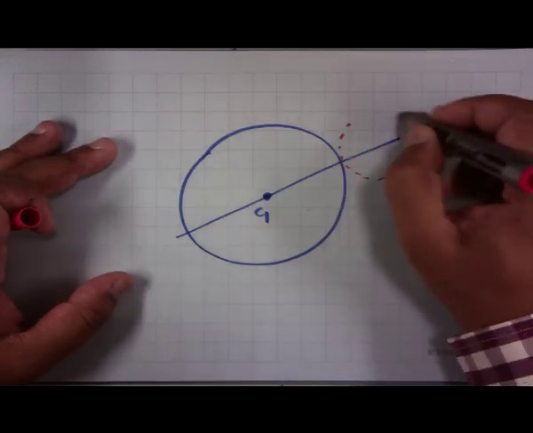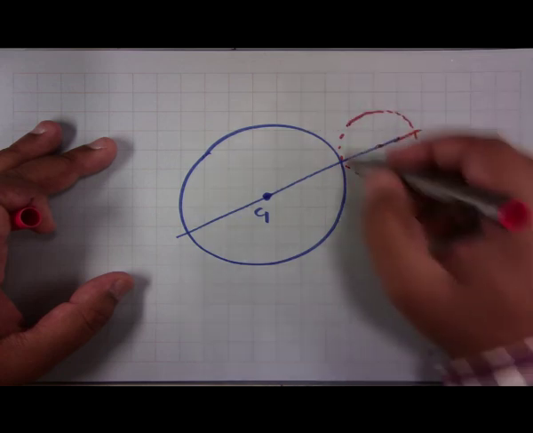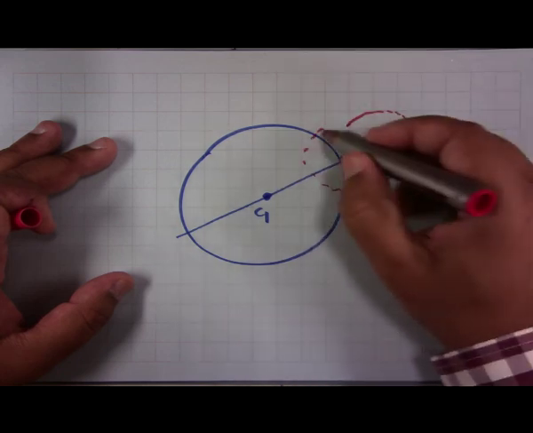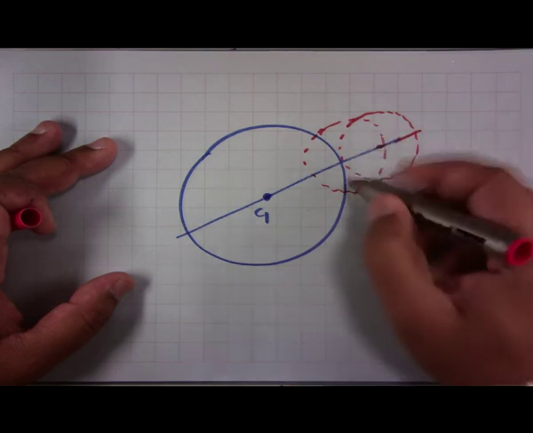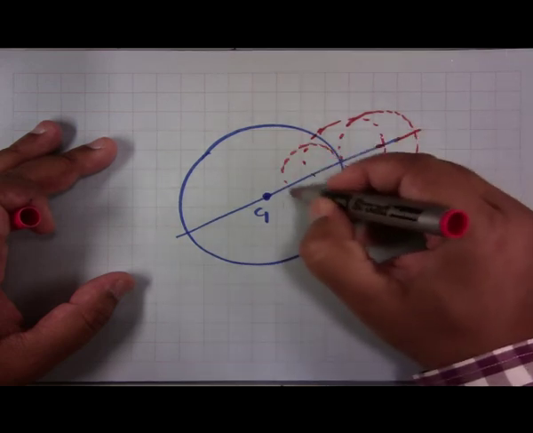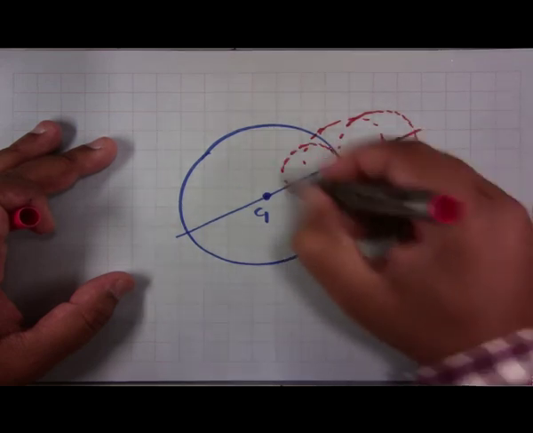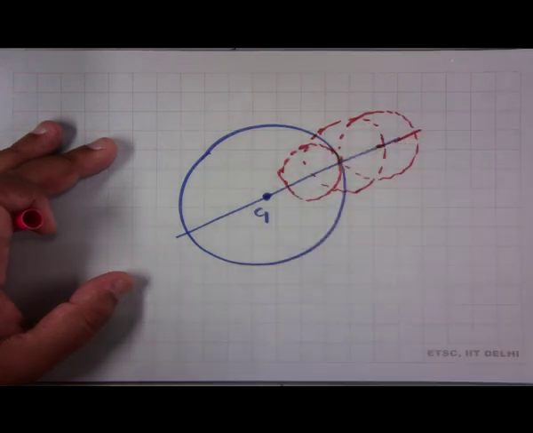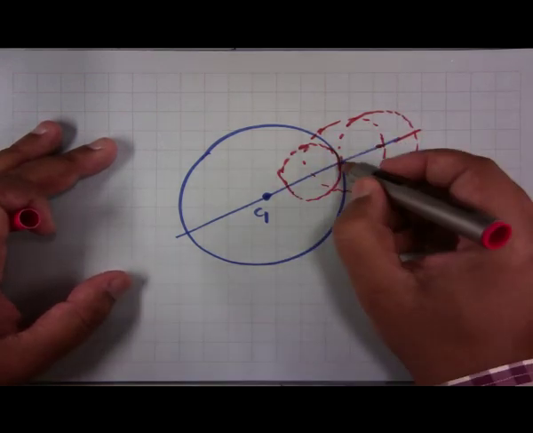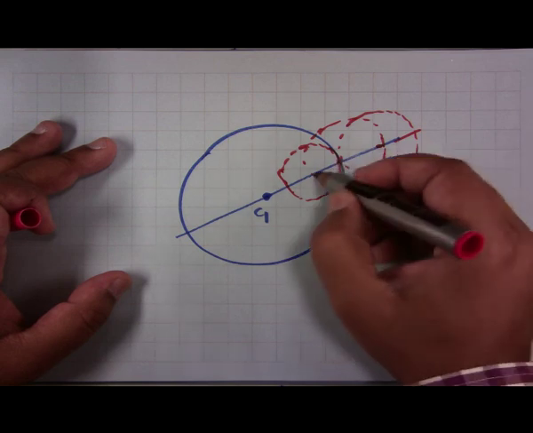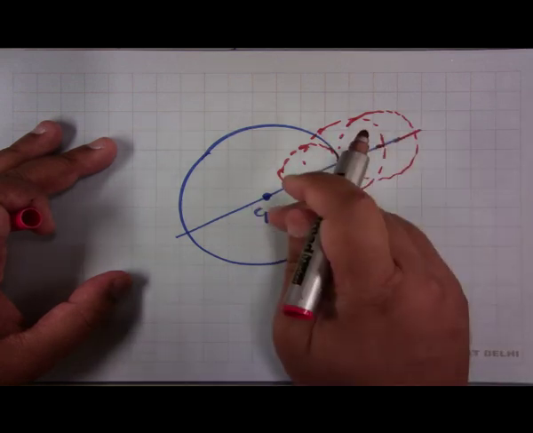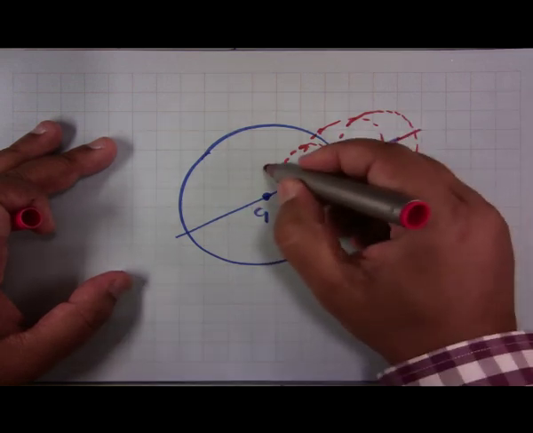This was case 2 when the circles were touching each other, then case 3 when they were intersecting each other, and then case 4 when the two circles were touching each other internally.